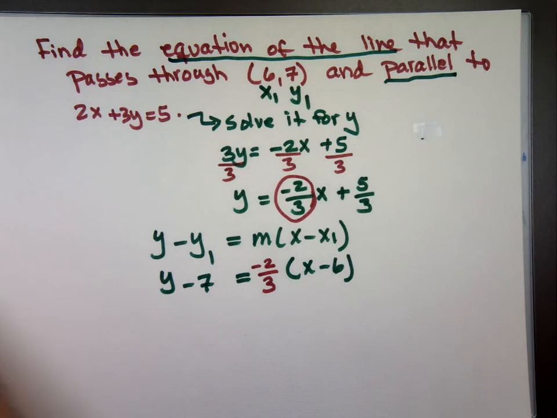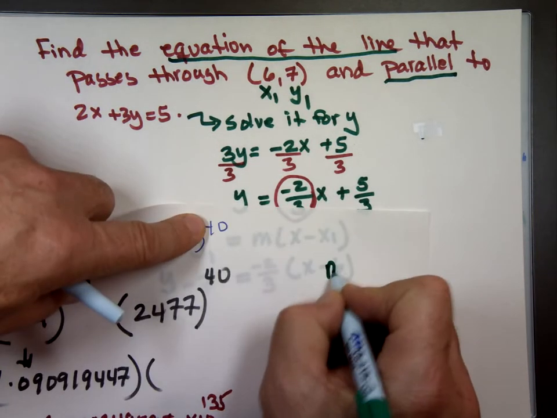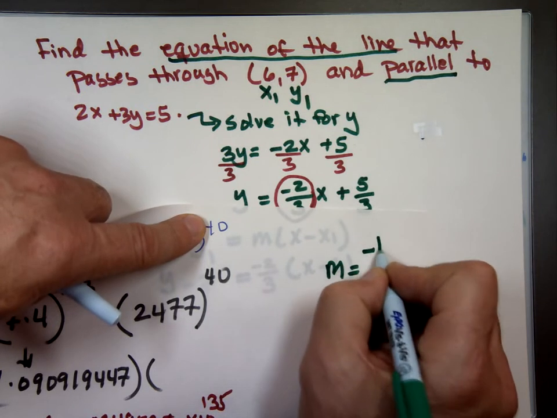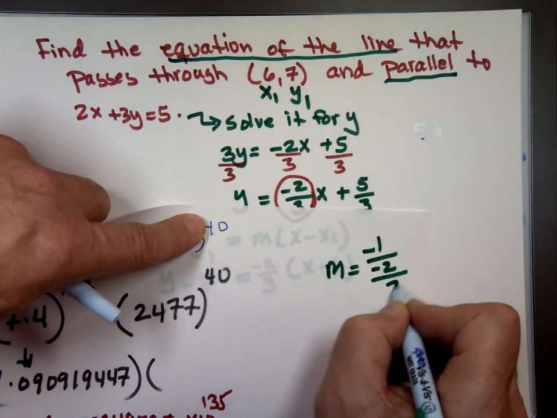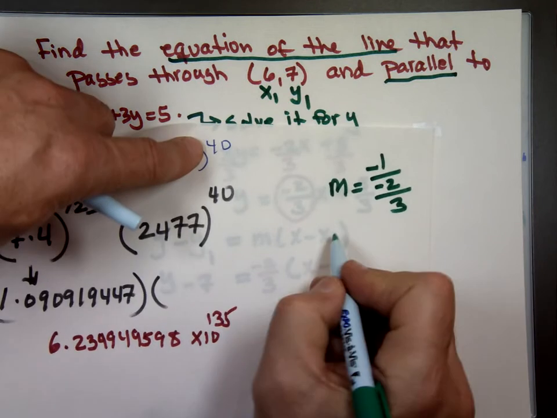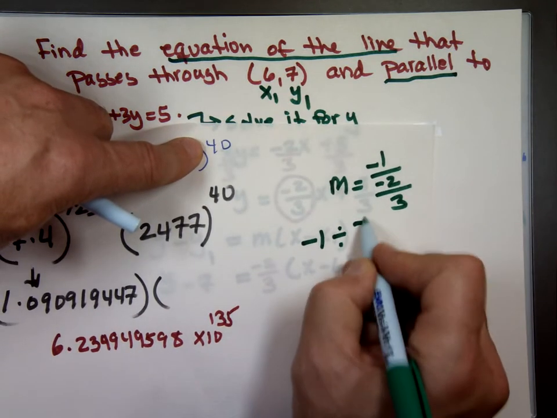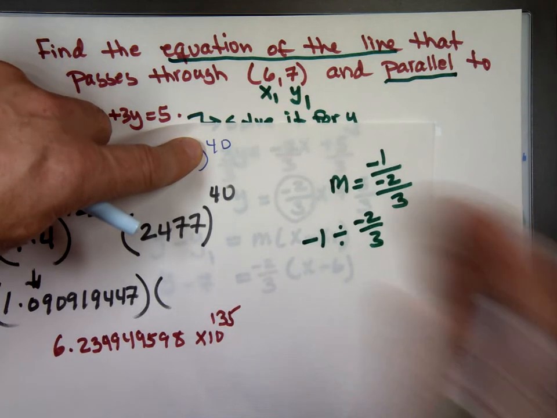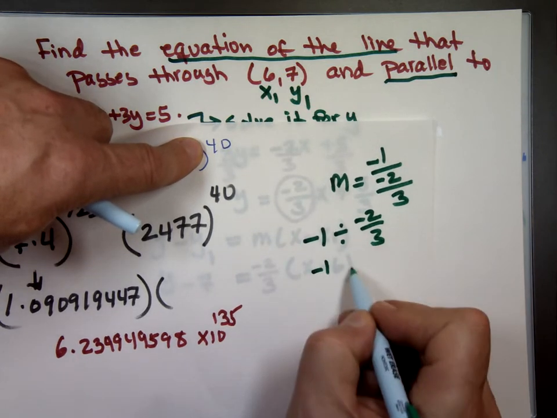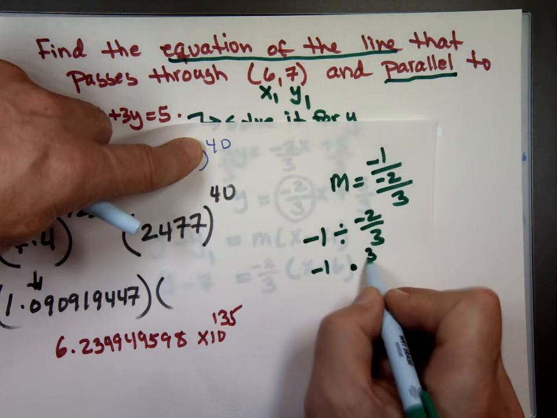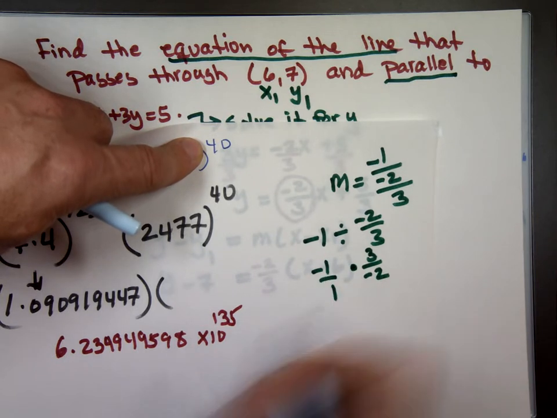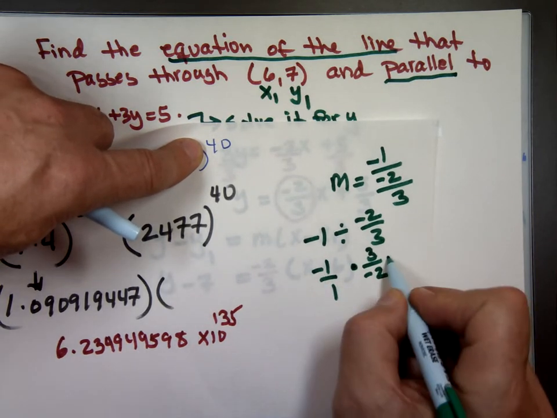But this, if it was perpendicular, the slope of the second one is going to be minus 1 over the negative 2/3. And notice what happened. Minus 1 divided by negative 2/3. Well, dividing by negative 2/3 is the same as multiplying by what? 3 over negative 2. That's over 1 here. What's minus 1 times 3? Negative 3.